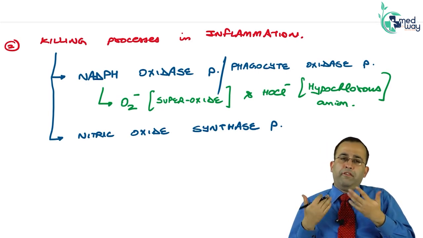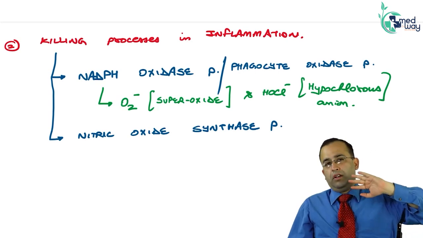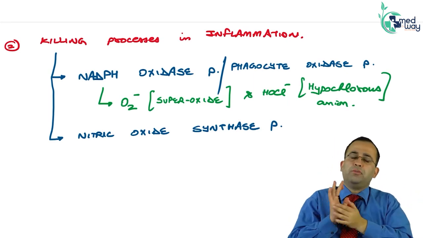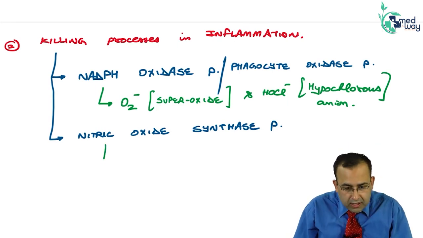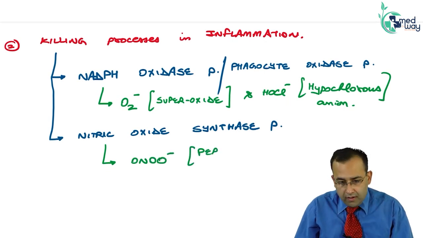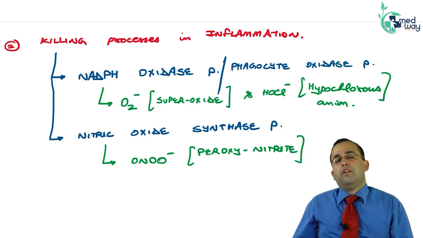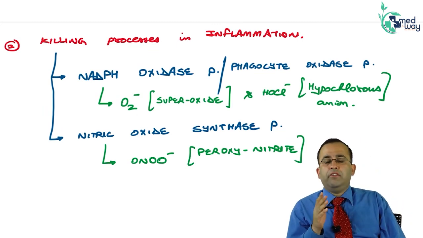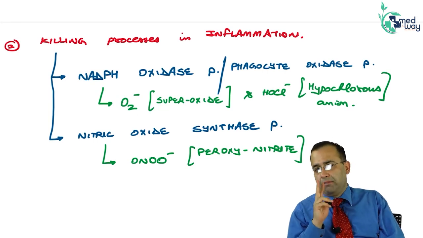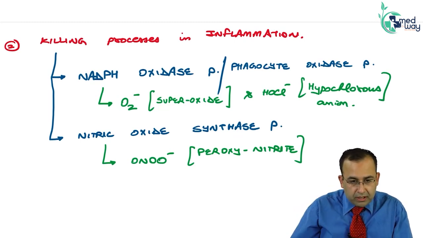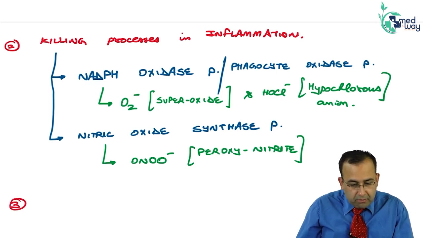Free radicals are generated by the process of killing. The nitric oxide synthase pathway is associated with the synthesis of ONOO minus, the peroxynitrite free radical. This is the second method of generation of free radicals. The next method of generation of free radicals is by transition metals.